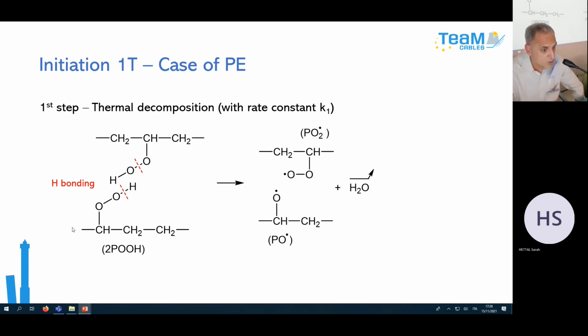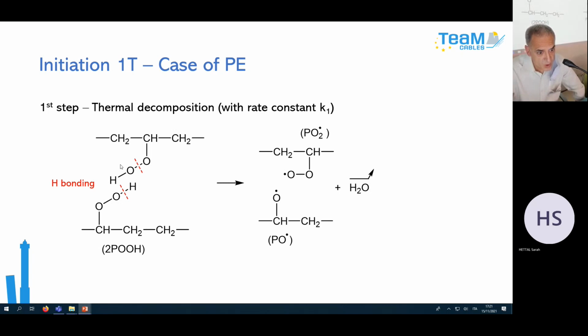So we will consider only this bimolecular decomposition because, as shown by Nixon, it corresponds to the environmental conditions in a nuclear power plant, even in the event of a nuclear accident.